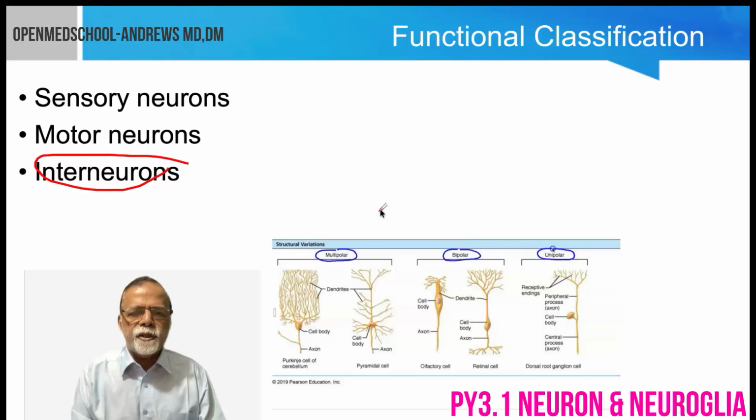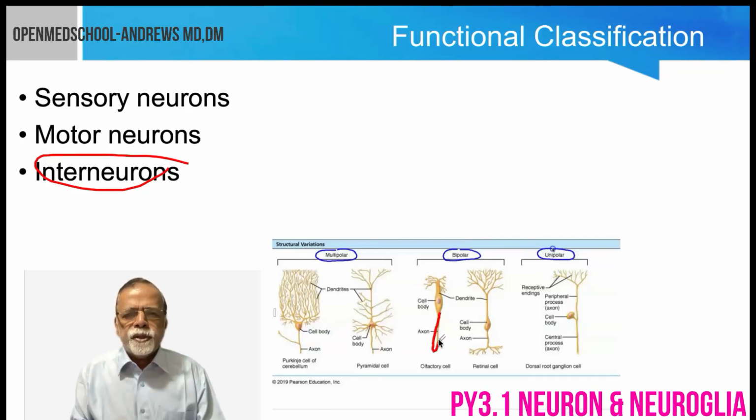The structural classification, you divide into unipolar. Only one axon is there. Then there is bipolar. So this is the bipolar.